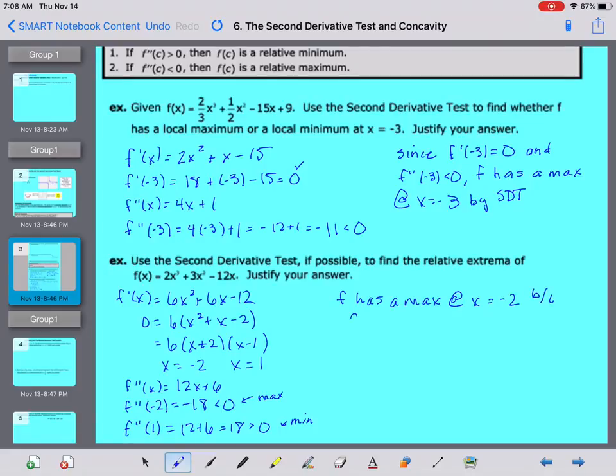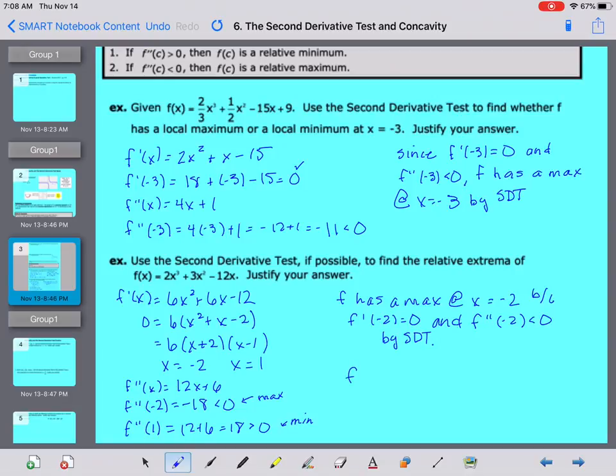Two things have to happen. F prime of negative 2 is 0, and f double prime of negative 2 is less than 0. And of course, by second derivative test.